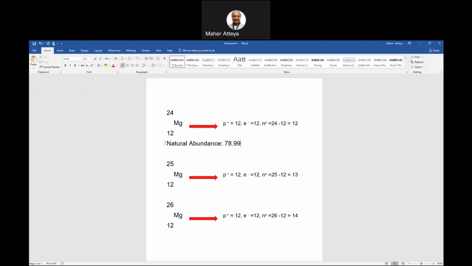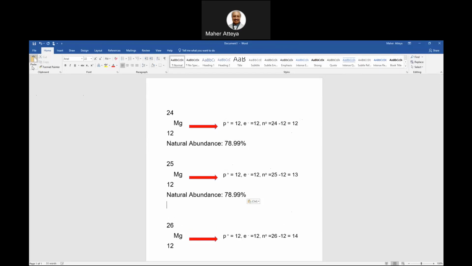Percentage. This is a percentage unit. So the second one, natural abundance is 10, I think. Let me just double check. Natural abundance is 10.00, and the other one 11.01.